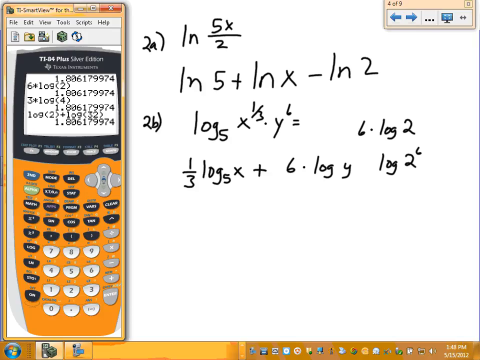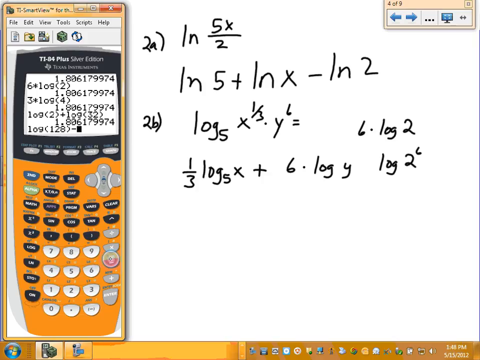Same answer again. How many times can I keep breaking this up like that? Log of 128. Somebody tell me what to put next.